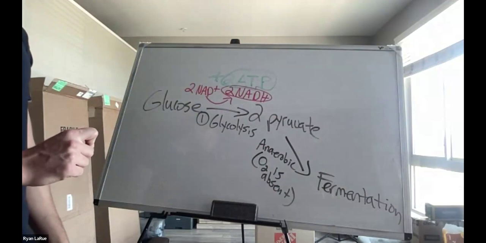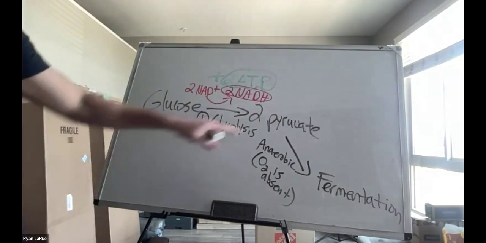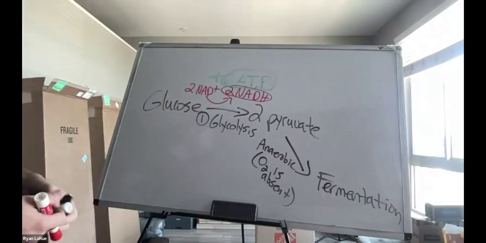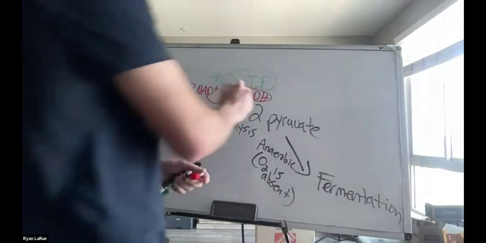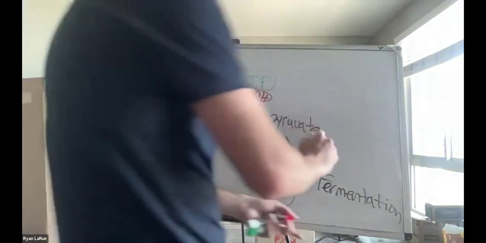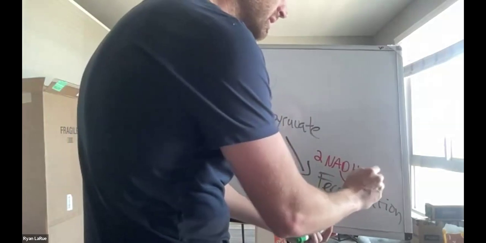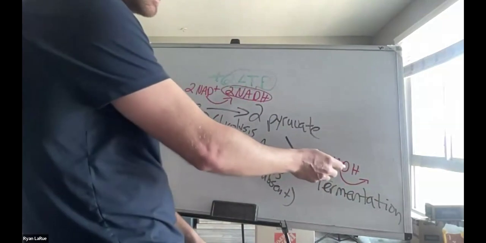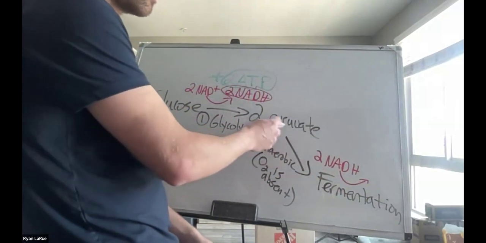The reason is because during fermentation, when pyruvate is actually converted to either lactic acid or ethanol, the following happens. The two NADHs from glycolysis are used, and they reduce the pyruvate, meaning electrons and a hydrogen ion are transferred to pyruvate twice, because there's two.